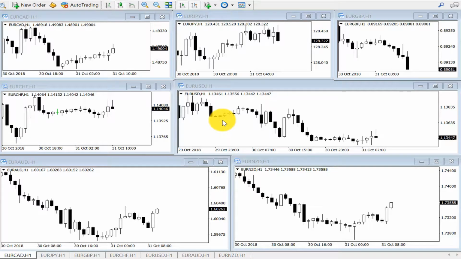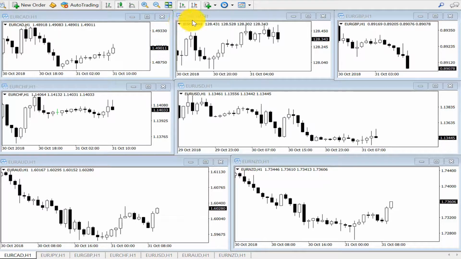First, we need to check what's happening in today's market, and we can check this by observing the same currency against several different currencies. For example, here I have picked euro, and I already set up my chart for today.